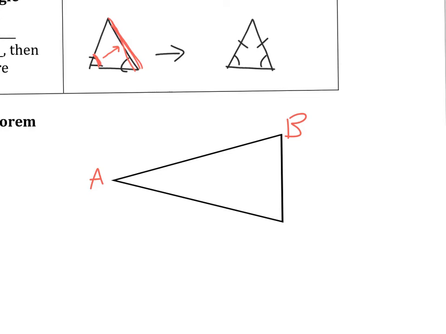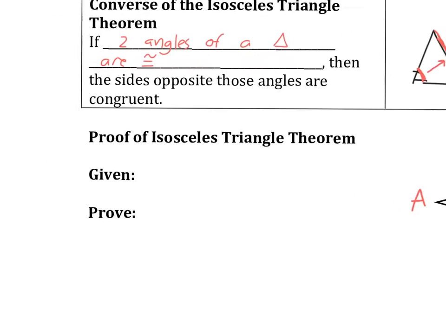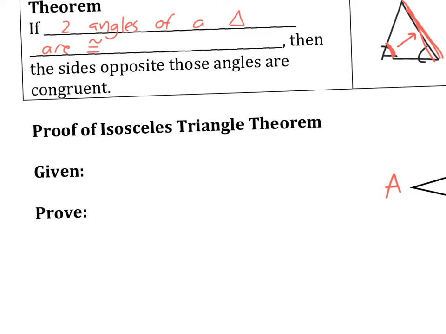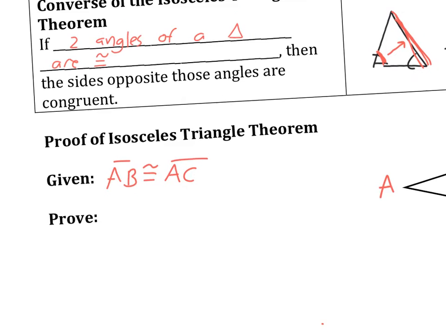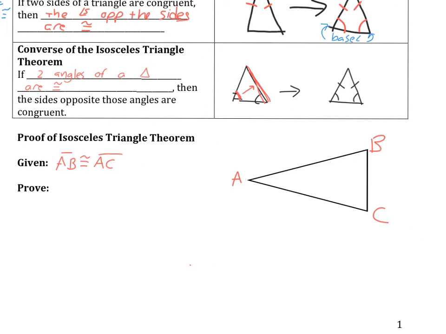A, B, C. And according to this diagram, which ones are probably congruent? Anybody? Go ahead, just call it out. A, B, and C. All right, so AB is congruent to AC. So that's where we're starting, and that's specific to this diagram. It does not matter what letters we call them, but we have two sides that are congruent.